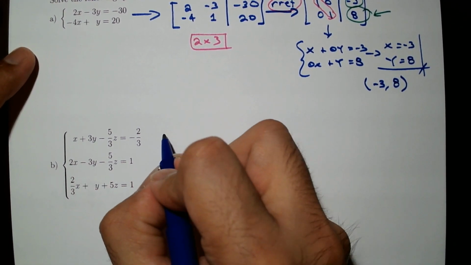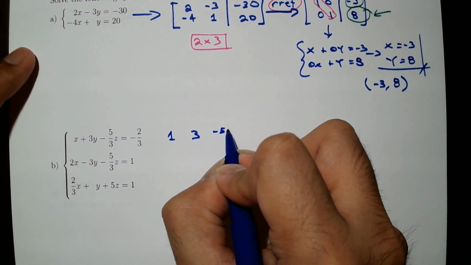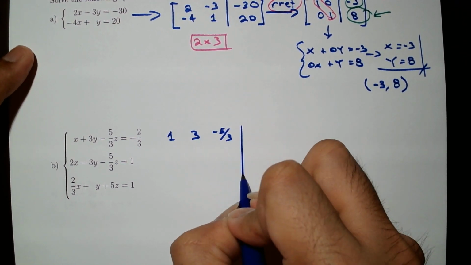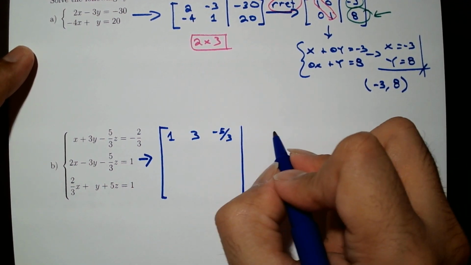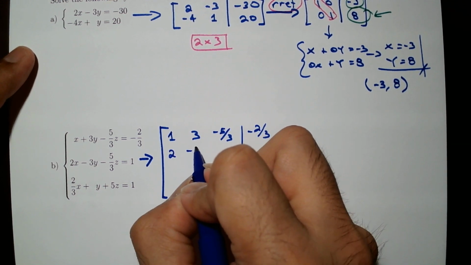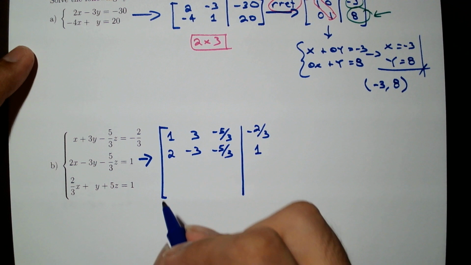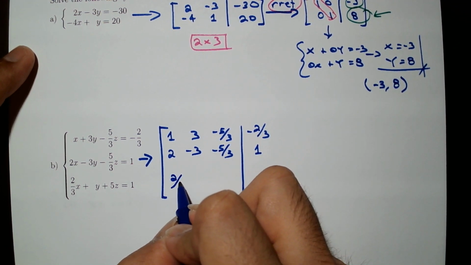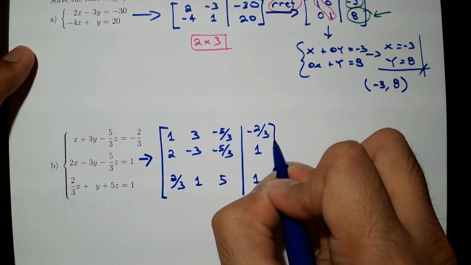So that's gonna be a 1, 3, -5/3, bar, and -2/3. 2, -3, -5/3, 1. 2/3, 1, 5, 1.